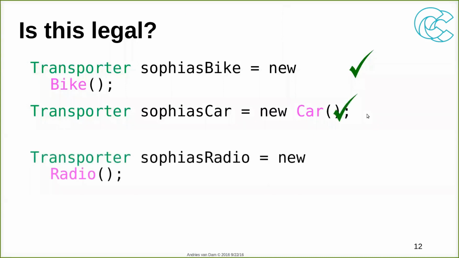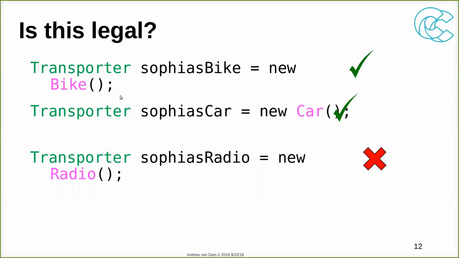So the next one is the Radio. So there's a class called Radio, but Radio is not implementing the Transporter interface. So in this case, is this legal? No. So yeah, this is not legal because it's not implementing this interface, right? So now there is no relation between this interface and this class.